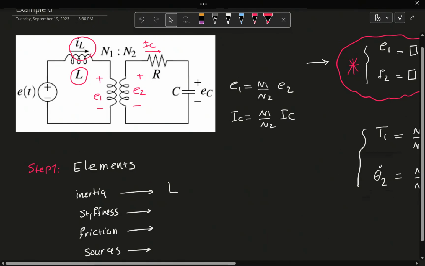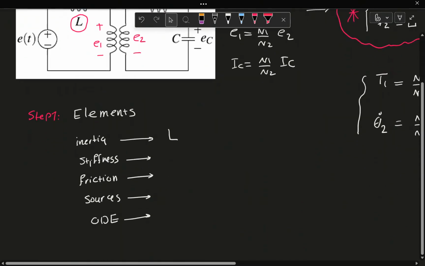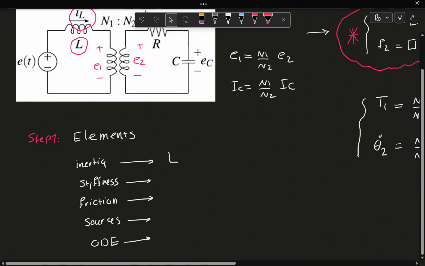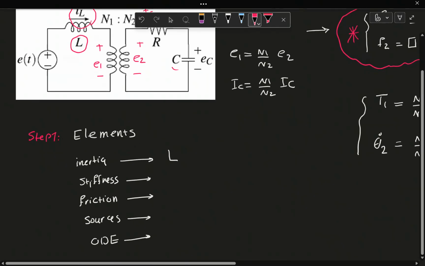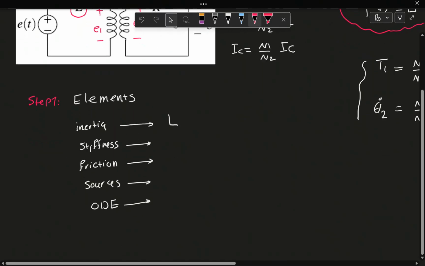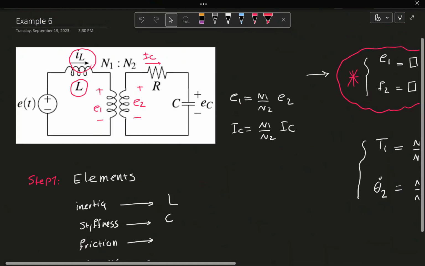Similarly, for a stiffness element, I have one capacitor here, which is this one. So for the stiffness, I would have the capacitor. And at last, my friction.